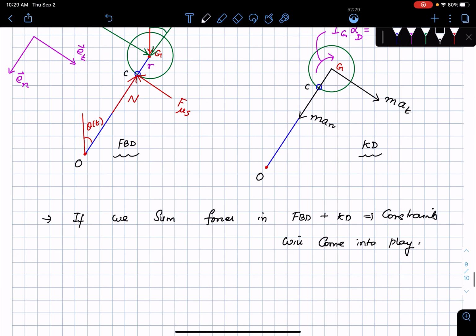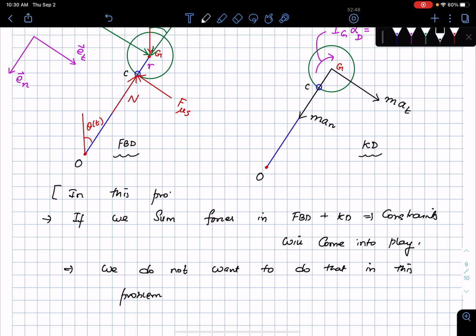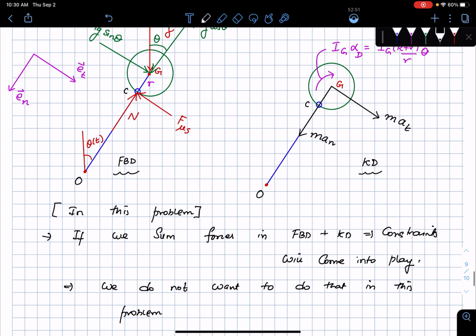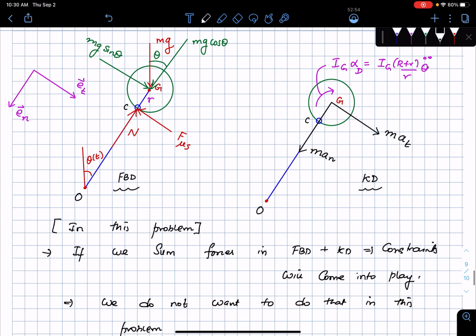So this essentially means that we do not want to do that in this problem. Once again, this is for this particular problem. If you sum the forces, you will see that the friction force and a normal force might come into play. So I don't want to do that. So I want to sum moments.